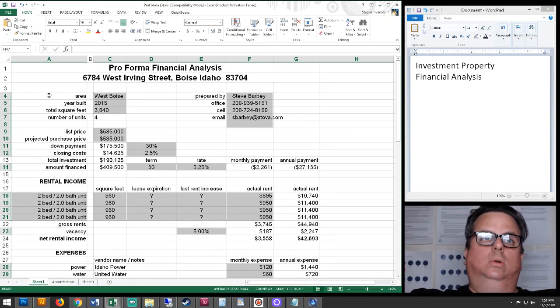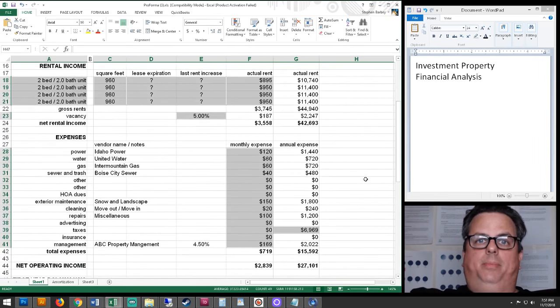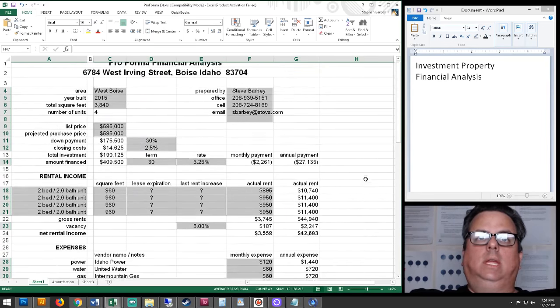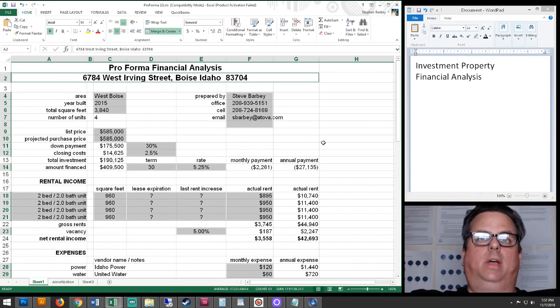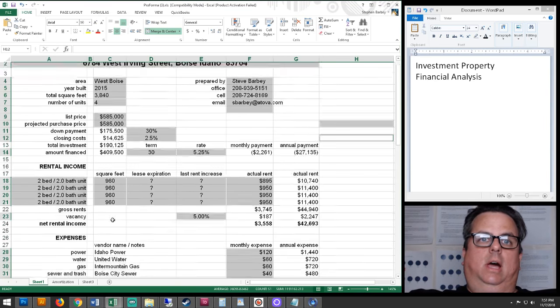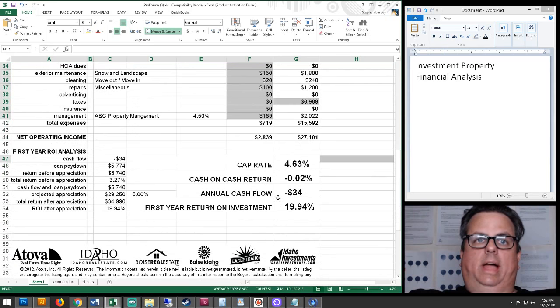If you update these highlighted cells, everything else is calculated for you. So to do a pro forma financial analysis, you need only open this document and modify these highlighted cells here.